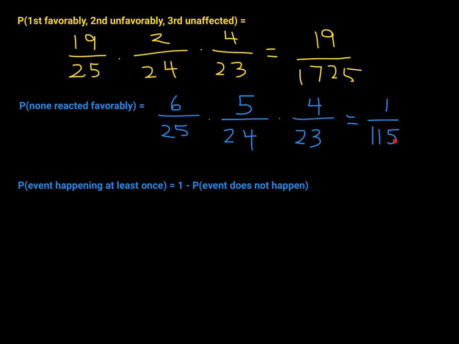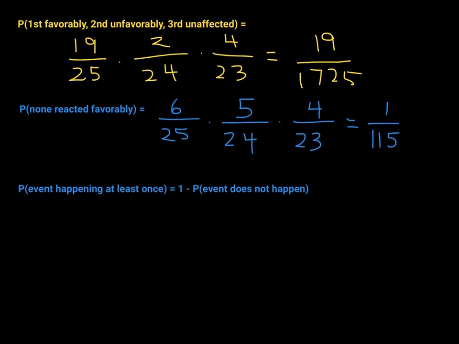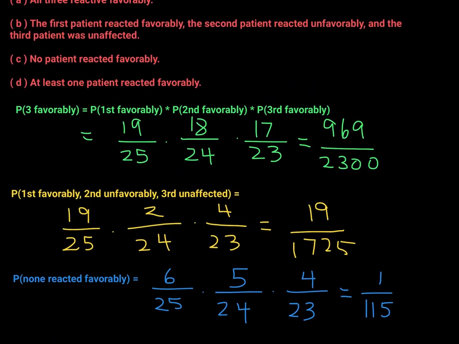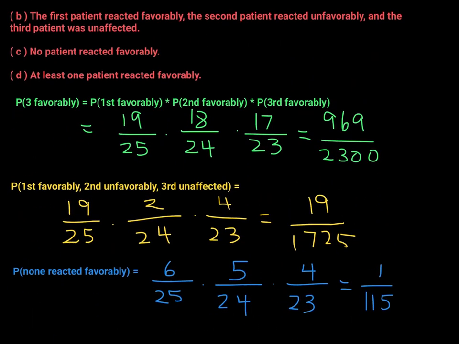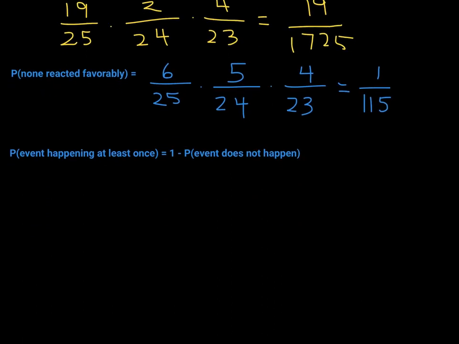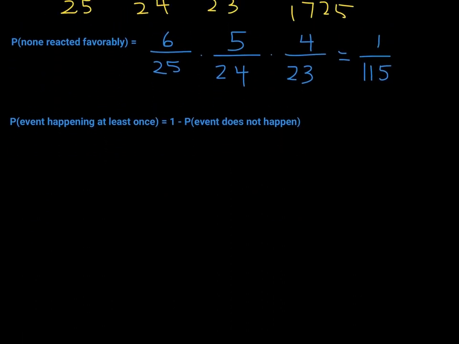We want to know now in part D, the last part, is the probability of at least one. See, at least once, at least one of the 3 patients reacted favorably. I believe that's what they asked us for. Yes, right there in part D, at least one patient reacted favorably. So the way I can do this then is I can use what we found earlier.